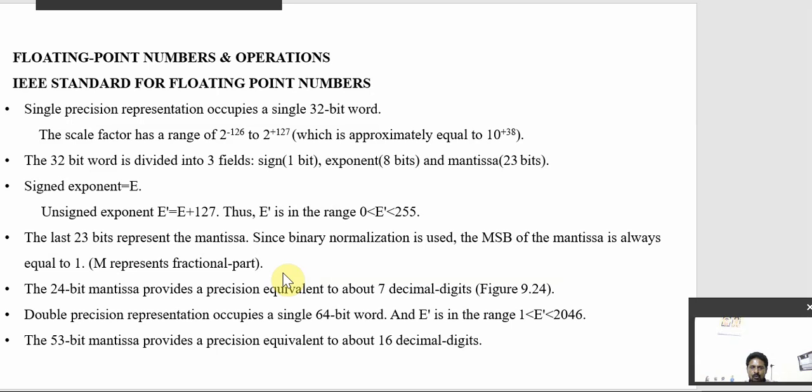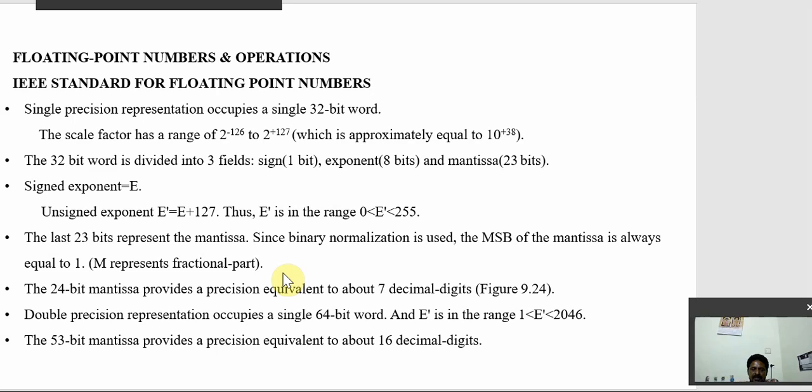For floating point numbers we use the IEEE standard format. In the IEEE format, there are two ways to represent numbers. One is called single precision format and the second is called double precision format. The single precision format uses a 32-bit standard.